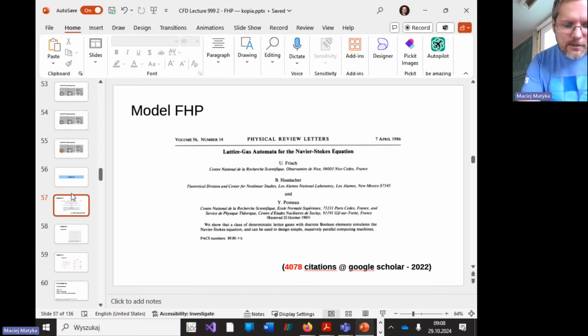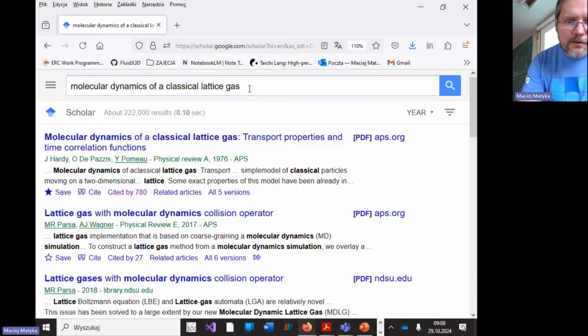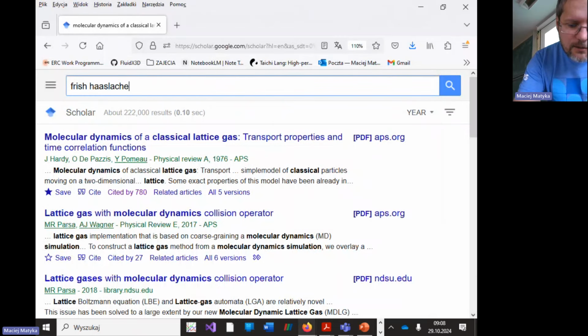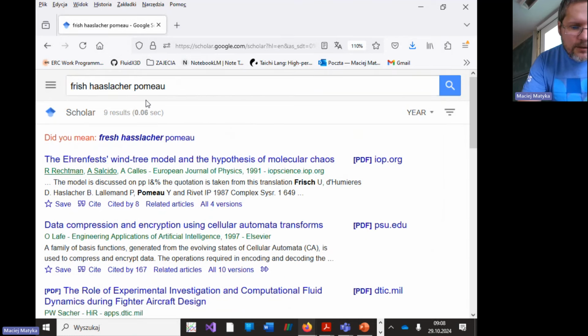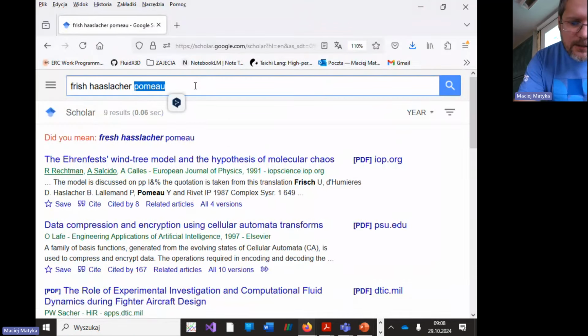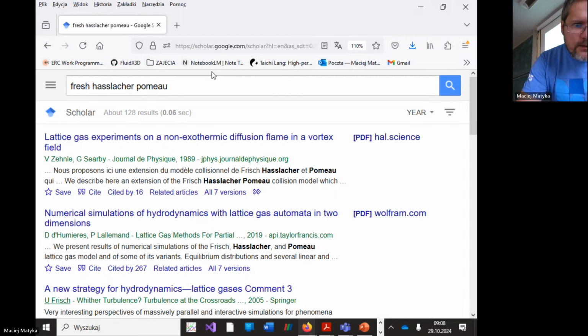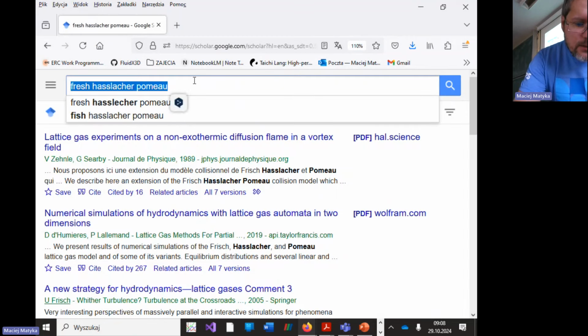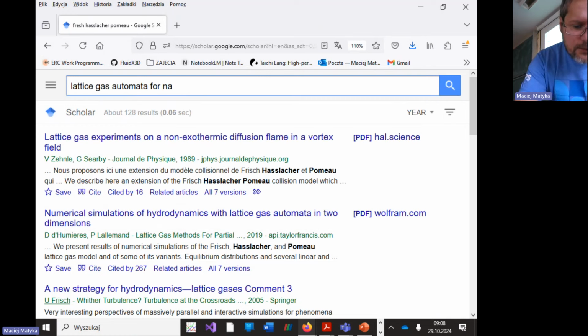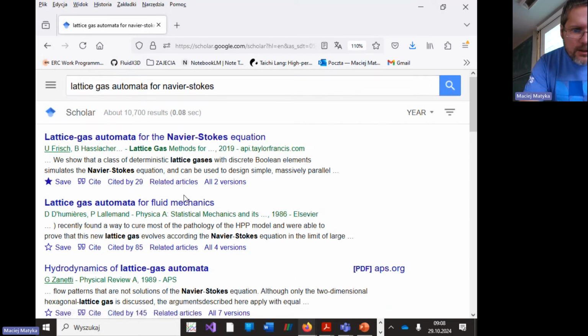Let's see again. That is the Frisch, Hasslacher, Pomeau. No, I of course put it wrong. Lattice Gas Automata for Navier-Stokes. So how many citations does it have in 2000?